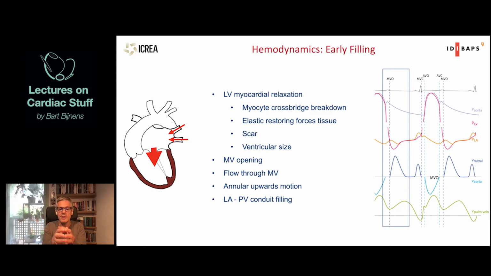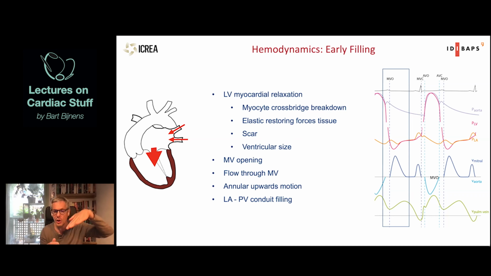So it's this period, this passive recoil because of tissue properties and stored energy. Also very important is that this filling happens when the mitral valve is opened. Otherwise, we are in the isovolumic relaxation. The isovolumic relaxation period is determined by, as we said last time, how fast the pressure will decrease. The faster the pressure decreases in the left ventricle, the shorter the isovolumic relaxation time will be.